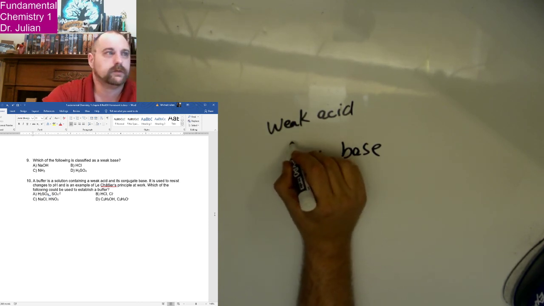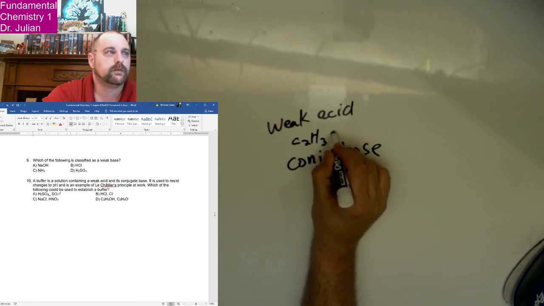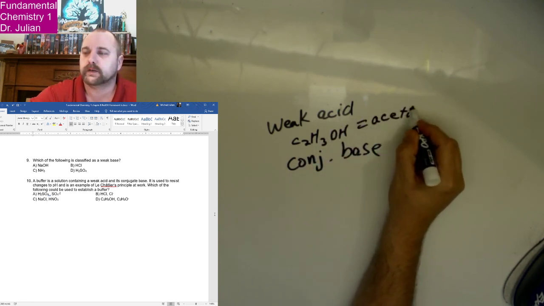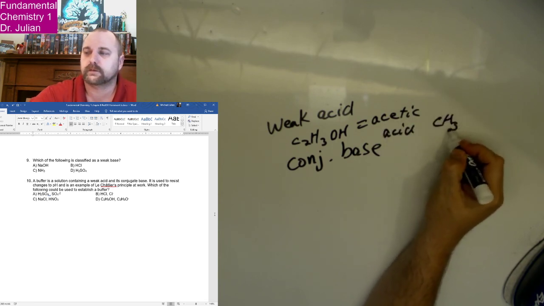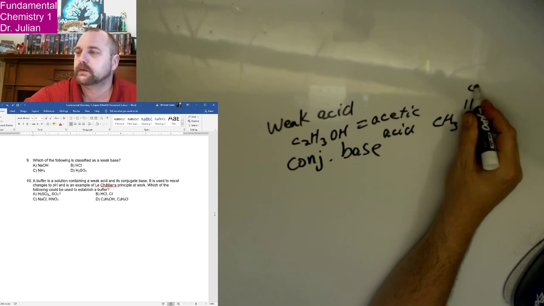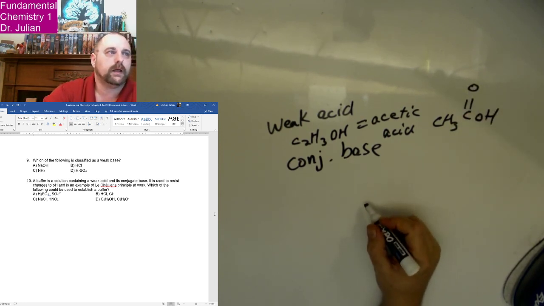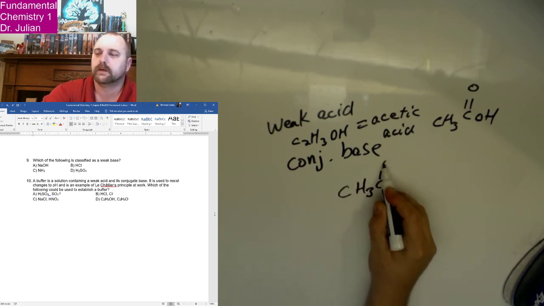We've got C2H3OH. That's acetic acid. CH3C, looks like that if we get fancy. And its conjugate base is acetate, which is CH3C.